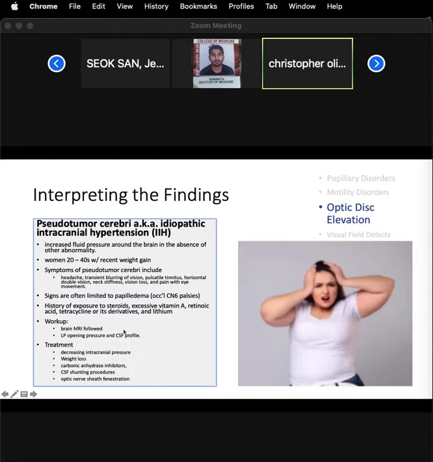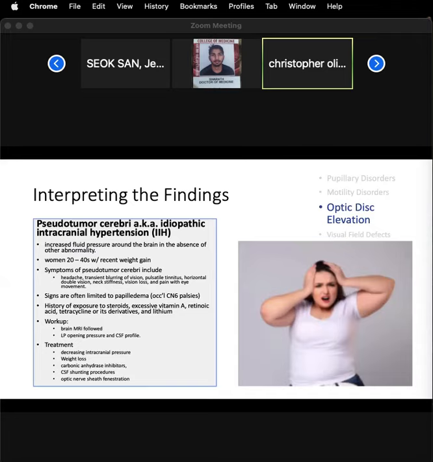So, signs are often limited to edema. You ask if there is a history of steroids, vitamin A, retinoic acid, methamphetamine, or its derivatives. So, workup is brain MRI and lumbar puncture, opening pressure, and CSF profile.